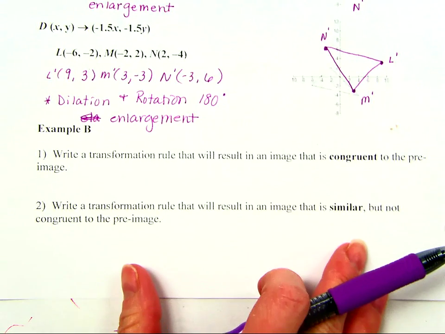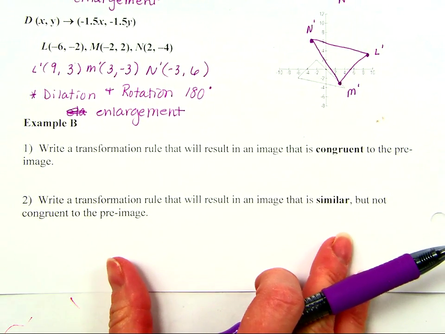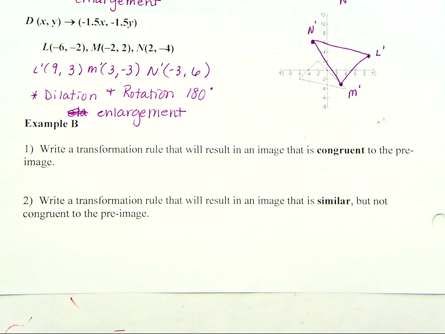All right, so let's take a look at example B. It asks us to write a transformation rule that will result in an image that is congruent to the pre-image. Well, if I need my image to be congruent to the pre-image, I need to think about a congruence transformation, correct?